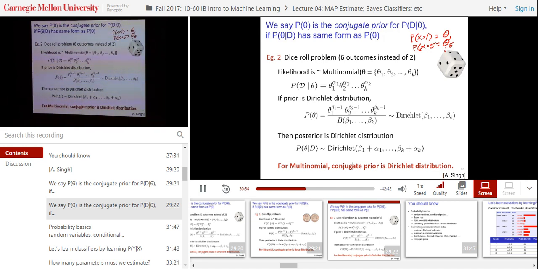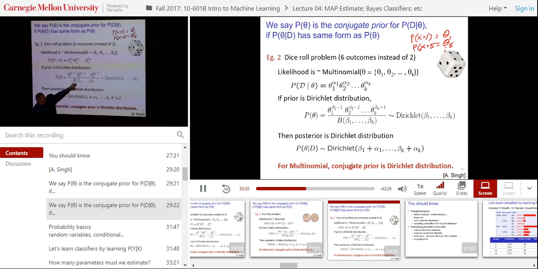Yes? What is exactly the representation of V, Francis, beta 1, etc.? Oh, the representation of this? I can't even write this down off the top of my head.